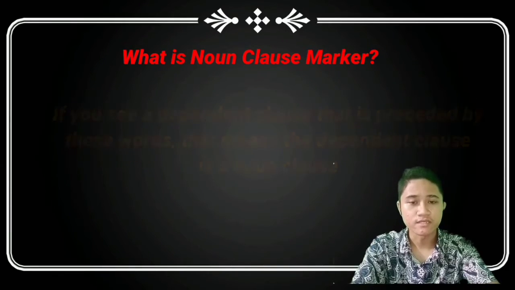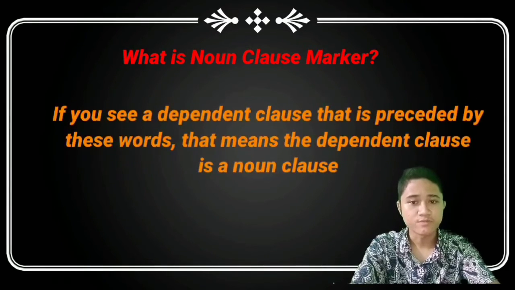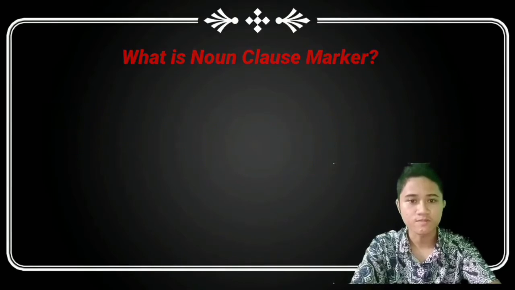If you see a dependent clause that is preceded by these words, then that means the dependent clause is a noun clause. And this is the explanation and use of the noun clause marker and its examples.